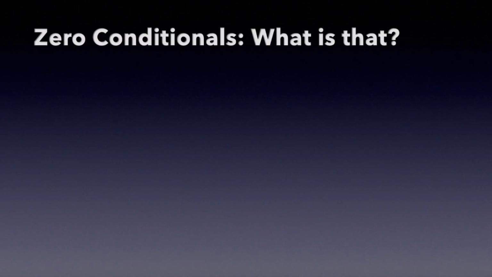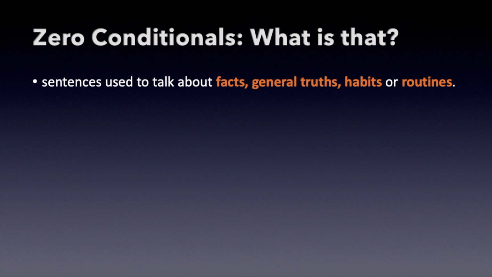Did you know we have zero conditionals? We do, and you're going to know them well soon. First, I'll show you what they look like, then I'll explain what they mean. So, let's get started. First, I want to talk to you about what the zero conditional means when we use it. Zero conditionals are used to talk about things that are generally true or forces of nature.